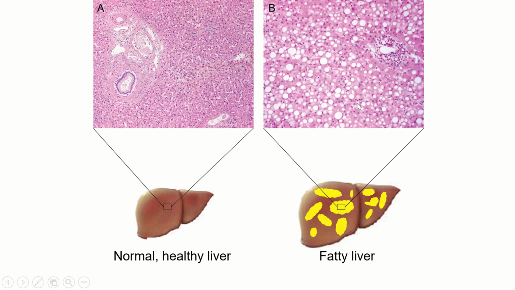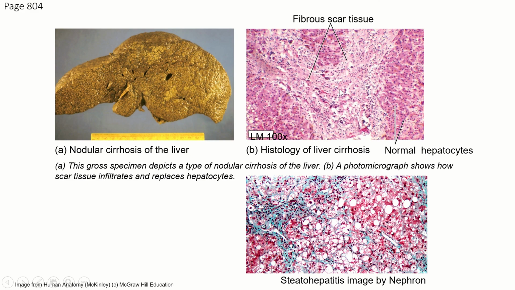But over here, now this is a little higher magnification, but we see these fat cells, these adipocytes, crowding out the hepatocytes and limiting the number of sinusoids, the ability of the hepatocytes to get next to the sinusoids. So that's a clear sign of fatty liver disease.